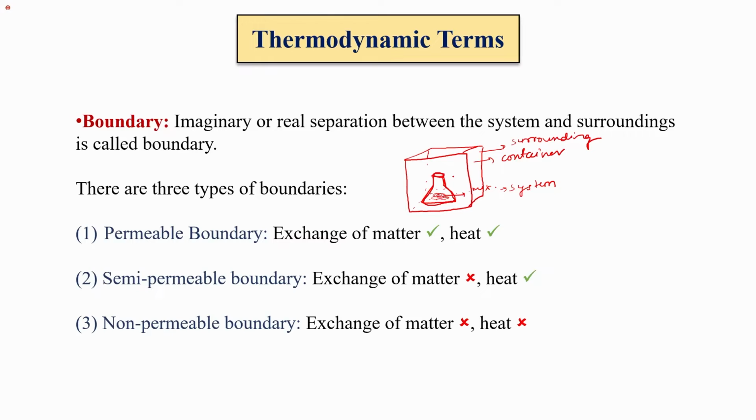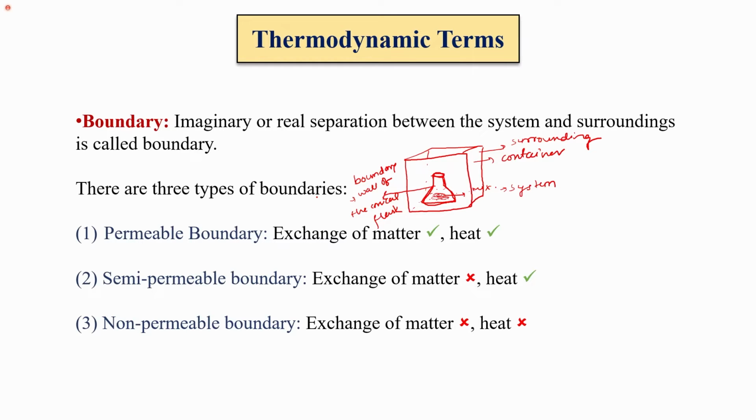It separates your system and surrounding. The wall of the conical flask will act as your boundary. Based on this, there are three types of boundaries: permeable boundary, semi-permeable boundary, non-permeable boundary.